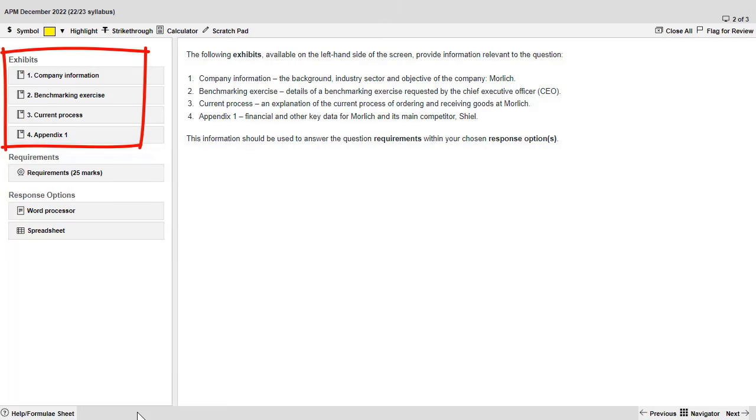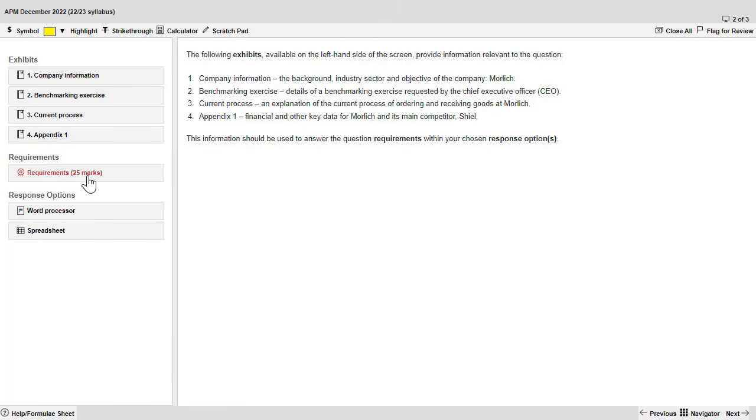Lastly, we read about the current process and we found the obvious inefficiencies in their supply chain processes. Reading the exhibits is a very important step because customizing your answer to the circumstances of Morlich is really important in order to get a pass.